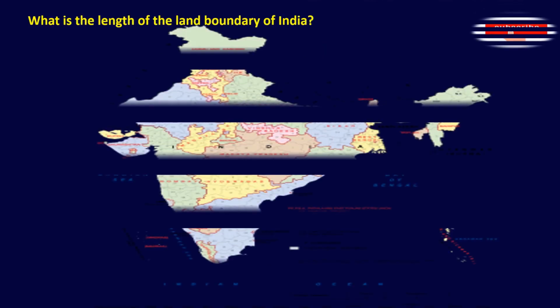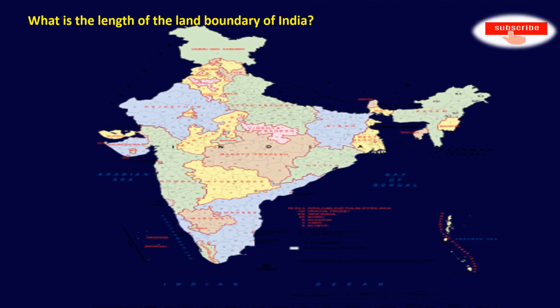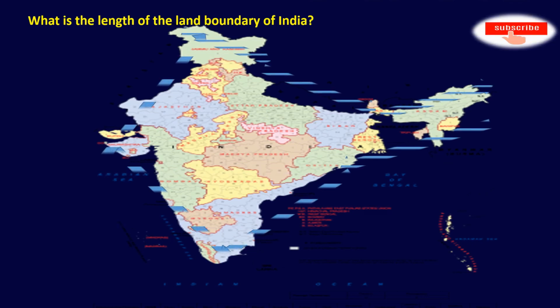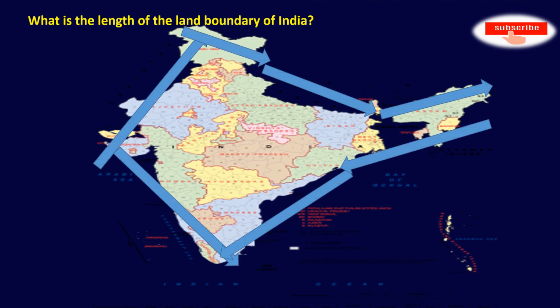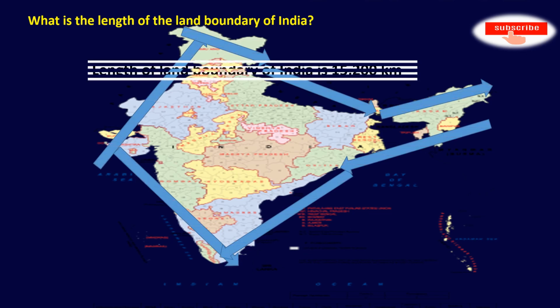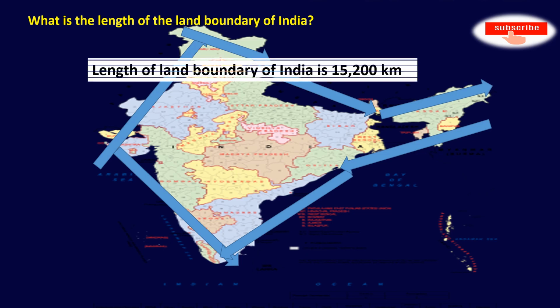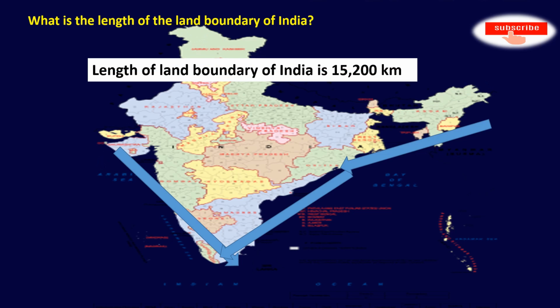Let's talk about the length of the land boundary of India. What is the length of the land boundary of India? The total length of the land boundary of India is 15,200 kilometers. The total length of the coastline of Indian mainland is 6,100 kilometers.